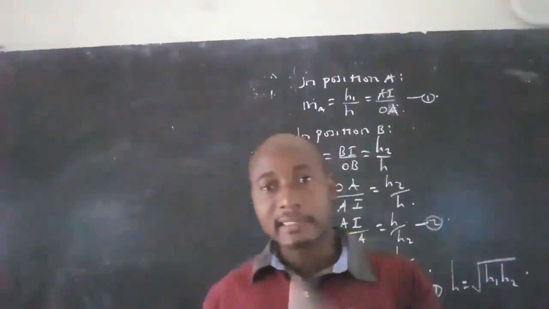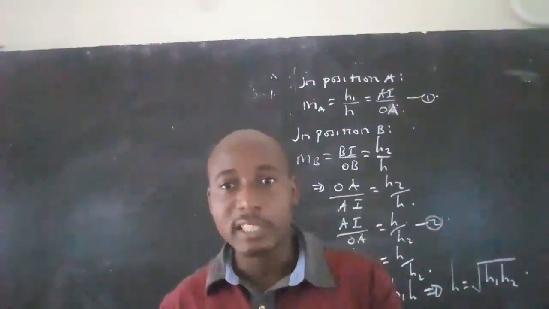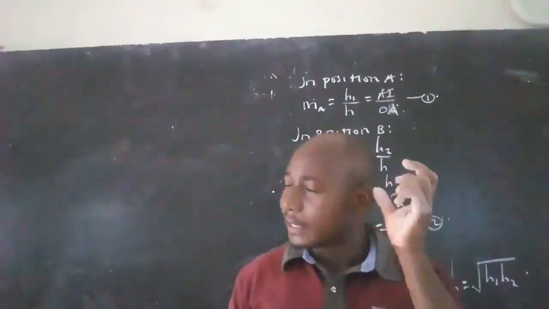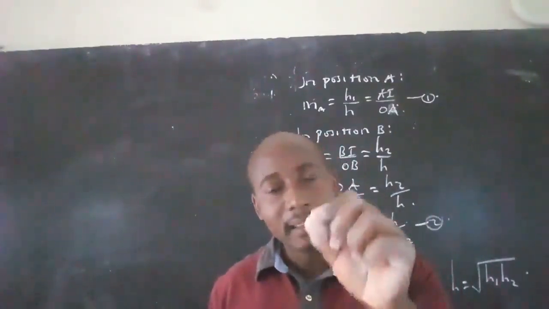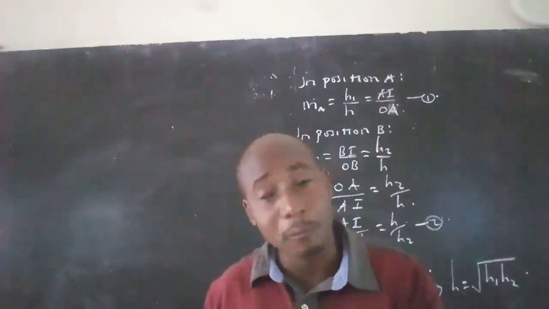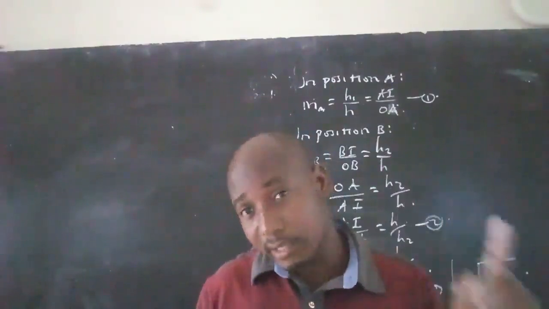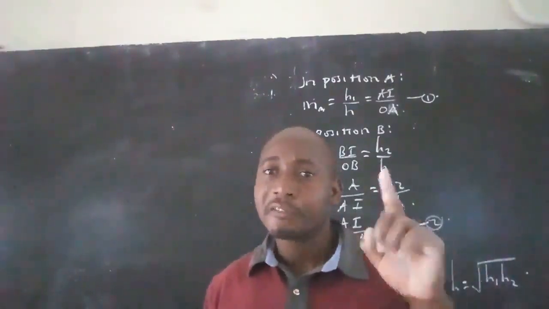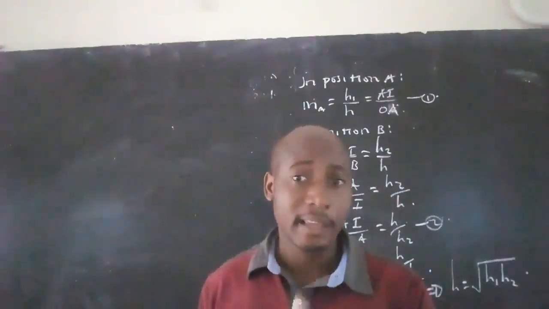The distance between the object and the lens must be greater than the focal length of the lens. That's number 1. Number 2, the distance between the object and the screen must be at least 4 times the focal length of the lens that's going to be used.